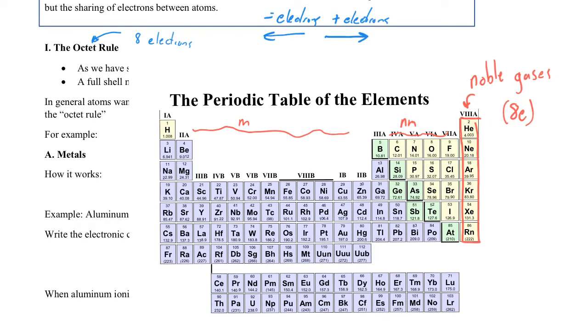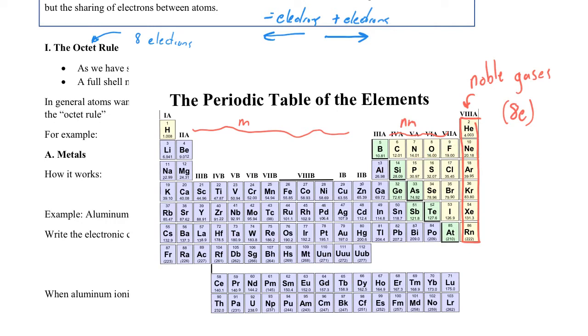So now if we look at some other elements, say something like aluminum. Aluminum is over here in group 3. Now let's look at what aluminum would do. Aluminum is a metal, as we know. Is aluminum going to become a full shell? Is it going to add electrons to become like the noble gas argon, or would it lose electrons to become like the noble gas neon?